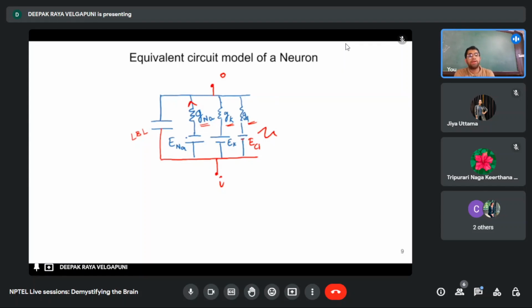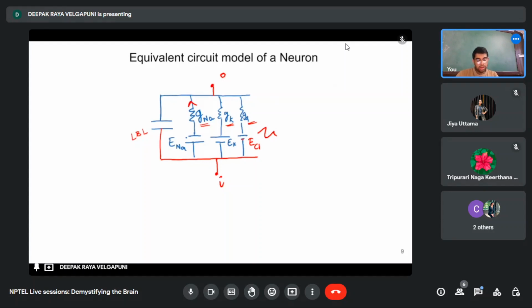We calculated this using the Goldman-Hodgkin-Katz equation, which tells how you can calculate the equilibrium potential for multi-ion, variably selective mediums. But now we came to the circuit equivalent, where GNA, GK, and GCl also depend on the permeability of the ion channel.